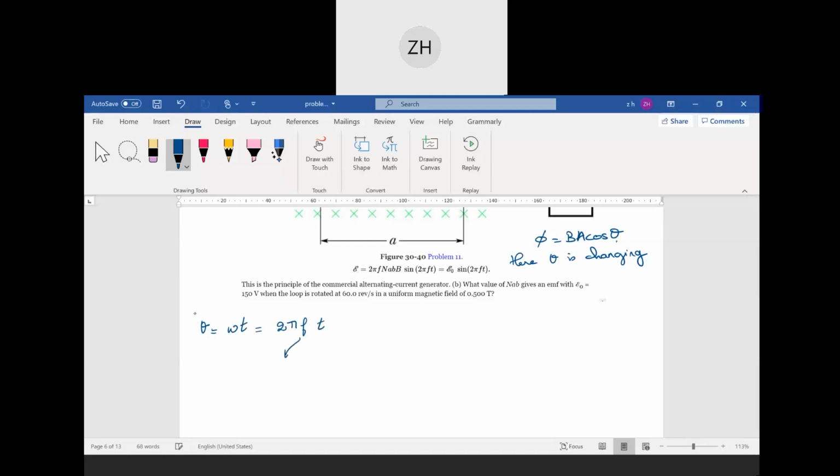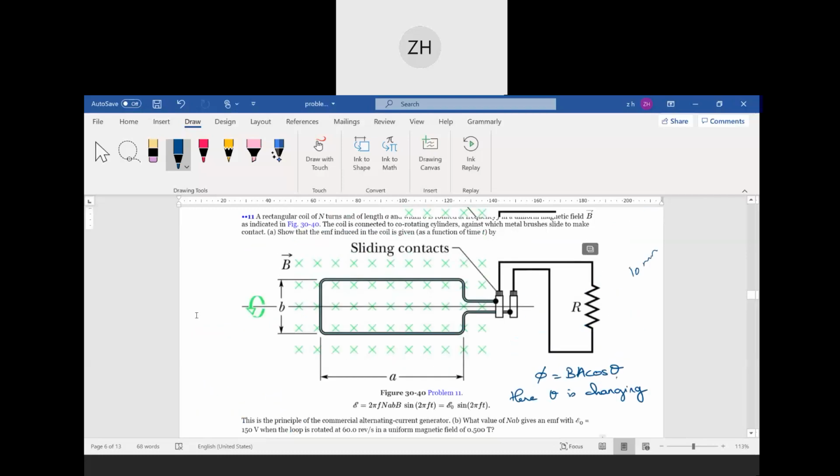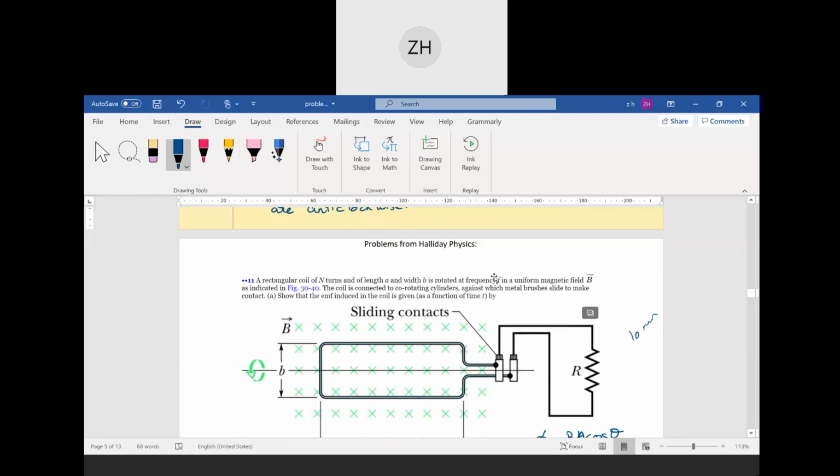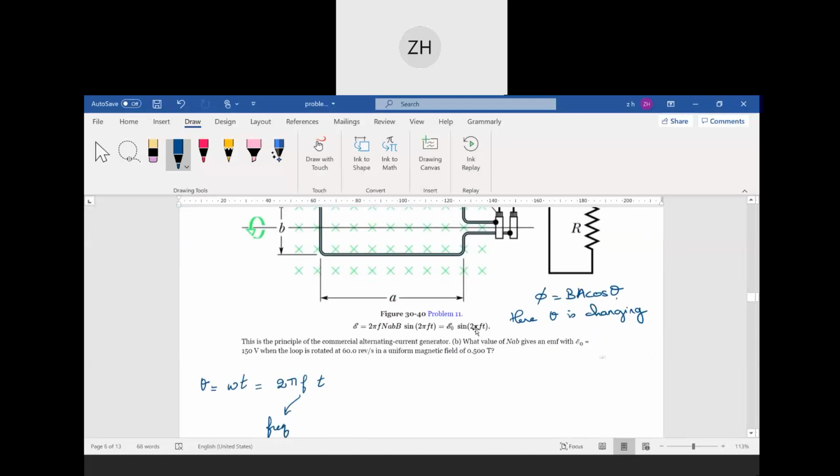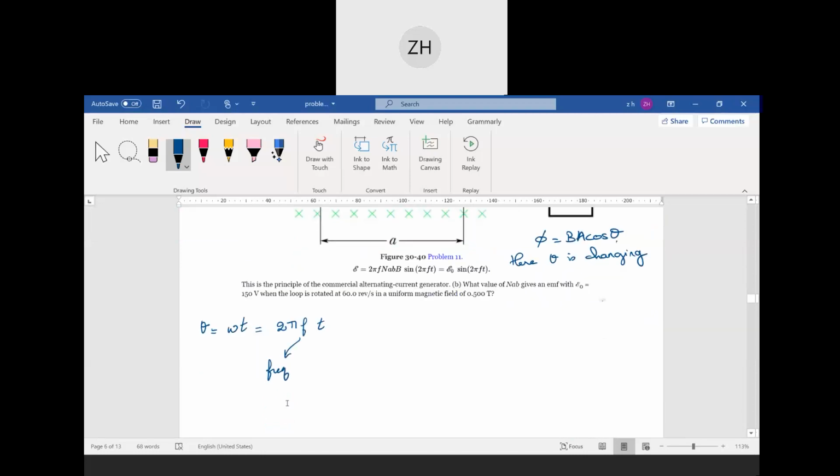And f here is the frequency of rotation that is mentioned over here. It's also required in the expression we want, so it's important to change this omega into 2 pi f.